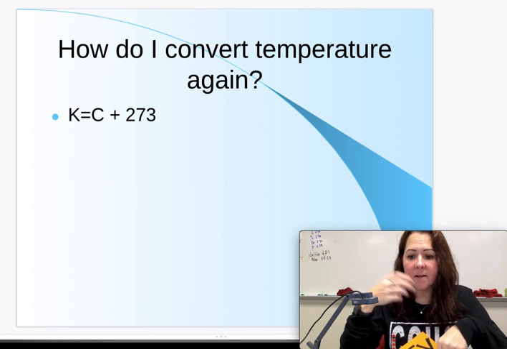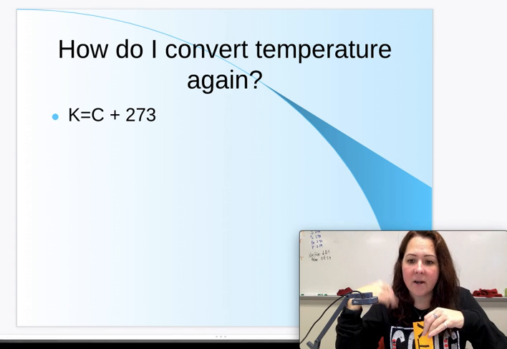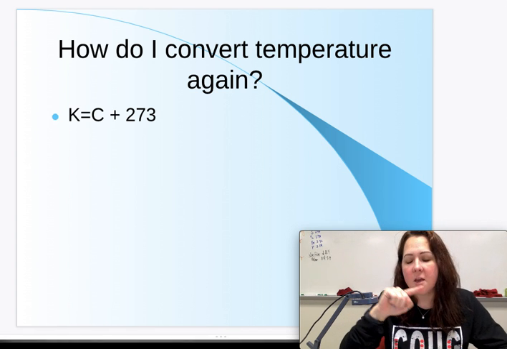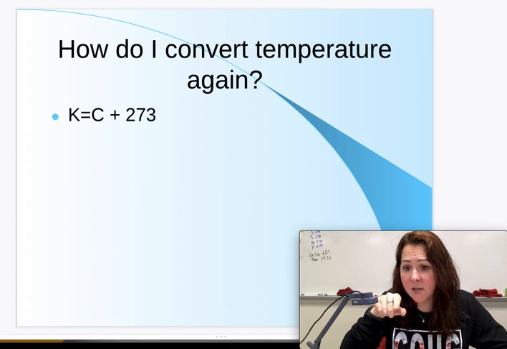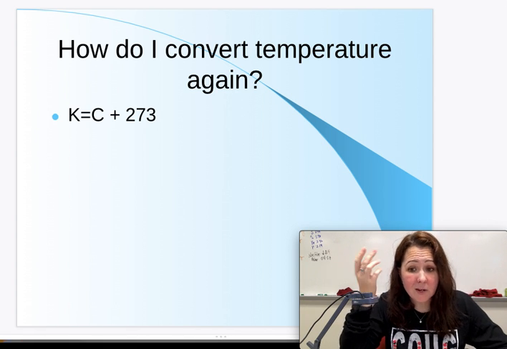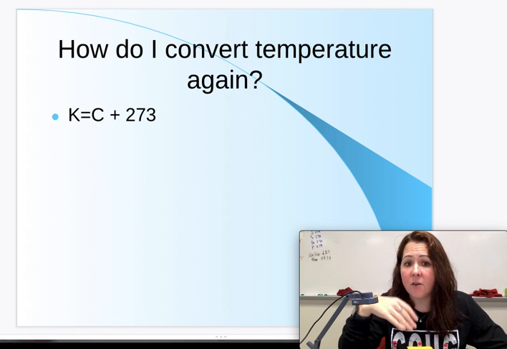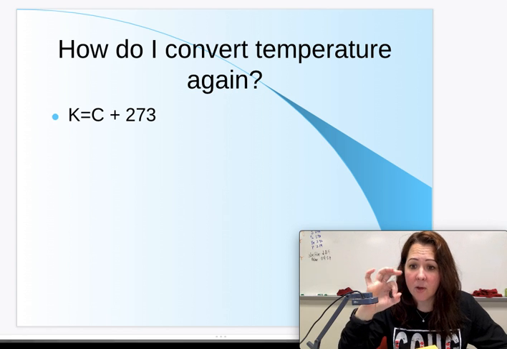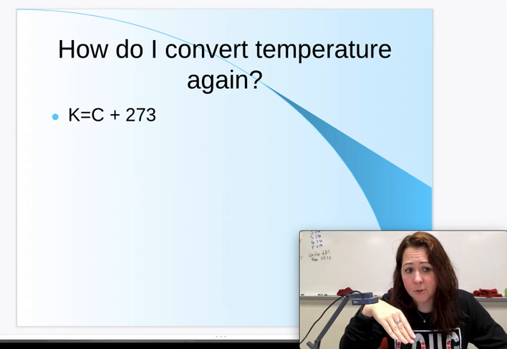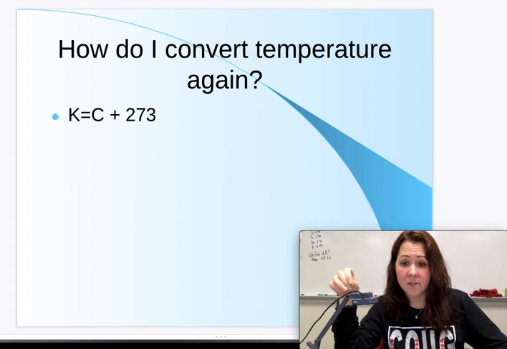That's because if you plugged in a negative temperature on any of those values in V1 over T1, you would end up with a negative volume. You can have negative values on the Celsius scale. There is no such thing as a negative value on the Kelvin scale because 0 Kelvin is the lowest possible temperature. So whatever is given to you in Celsius, you're going to have to convert it to Kelvin.